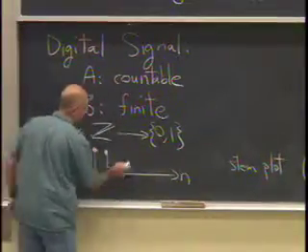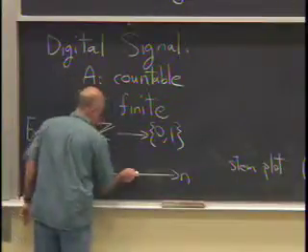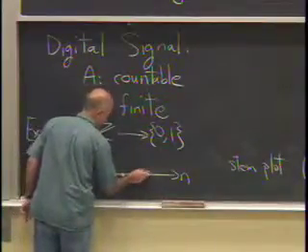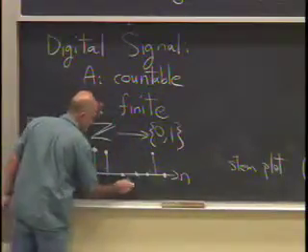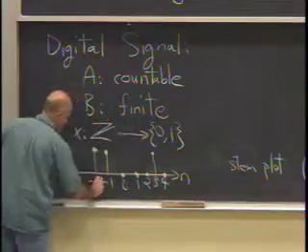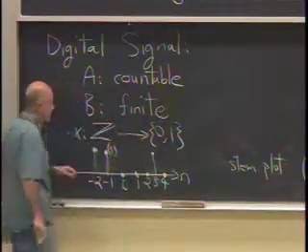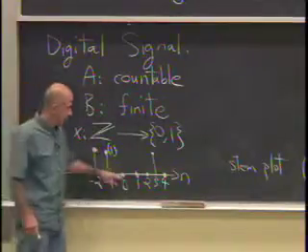So if I'm plotting a binary signal like this, it'll be something like this. So this would be 0, 1, 2, 3, 4, minus 1, minus 2. And I put the value next to the lollipop. And if it's 0, it's clear.